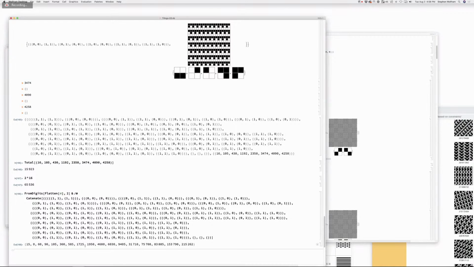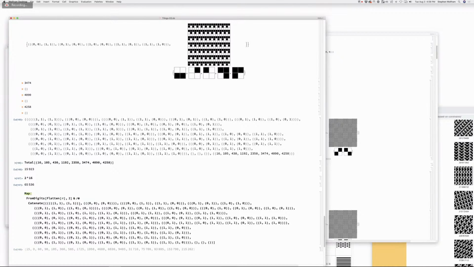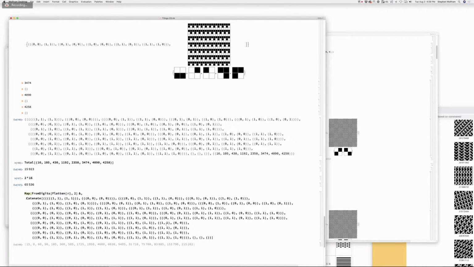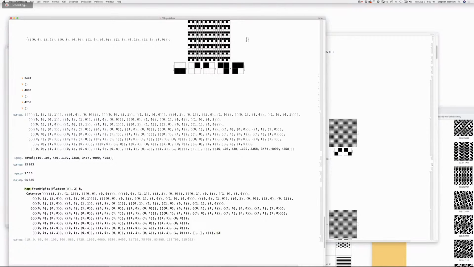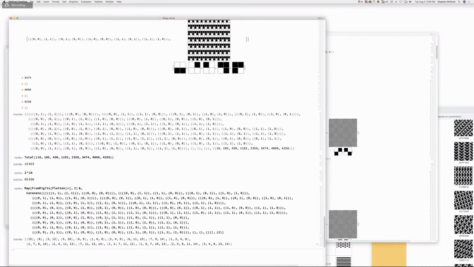No, something's wrong. That's not what we want. What we want is, oh, for each, no, we don't want this flatten. We want a mapping of flatten. We want to map this at level 2. Okay, does that look convincing to you? Yes.